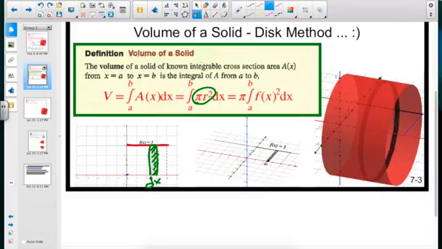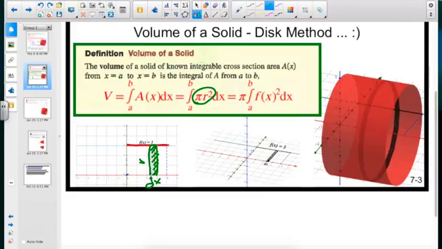So what is this radius here, mathematically speaking? The height of that radius is how much? The length of that radius is how much? 3, which ends up being your function, your f of x.